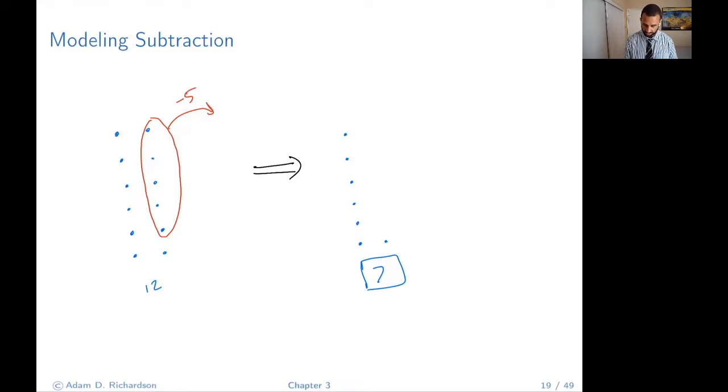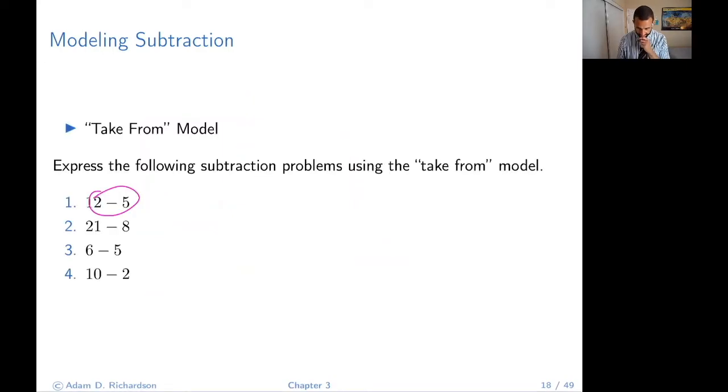So you could even come in here and write, for example, 12 minus 5 is equal to 7. And this is the picture that you would draw, something like this. That's really all it takes. But it's very important to include this part, the actual act of taking something away. You have to show that physical act of taking something away. That's how you model subtraction. Let's do another one.